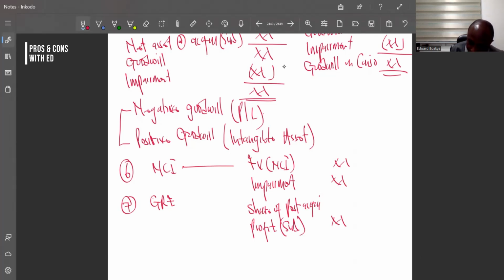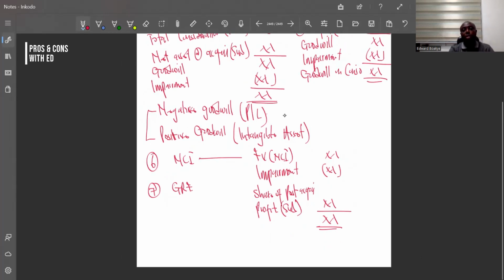That will give us the NCI account. But where we are not using the fair value model, the impairment will not come. Where we are using the fair value model, any impairment will be shared between the two of them. So this is the mechanics of consolidation.